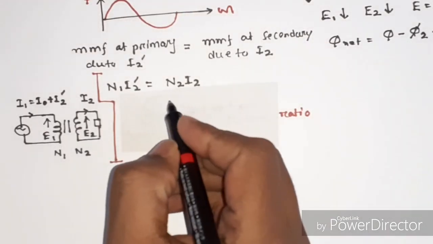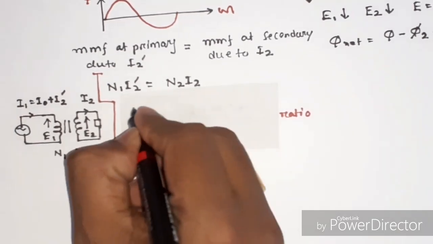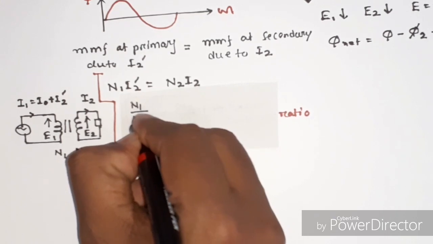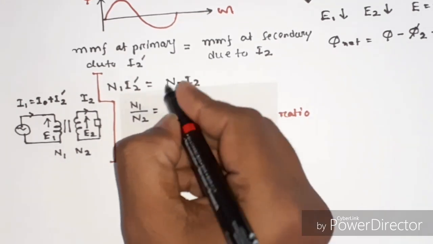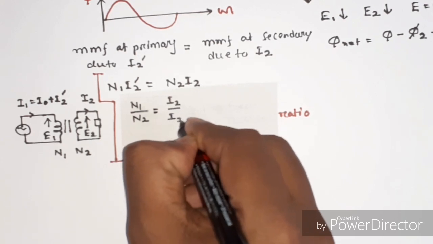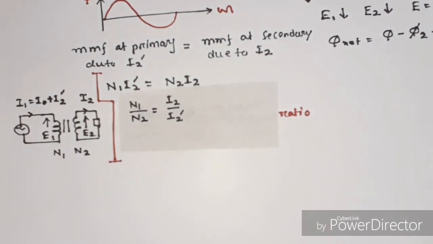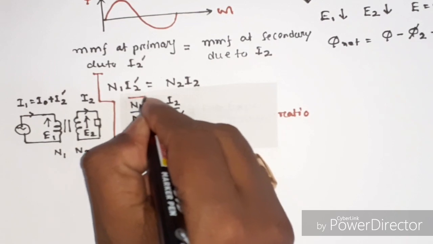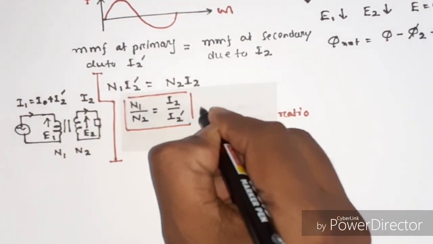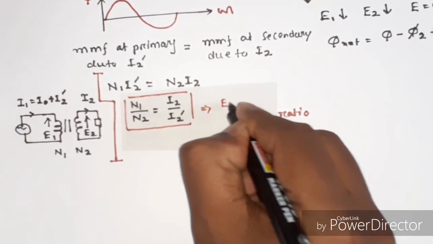From this equation, we can write N1 by N2 equal to I2 by I2 dash. This is called the exact current ratio.